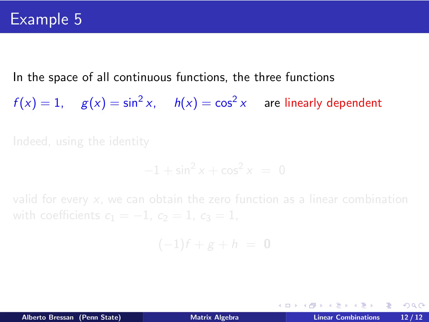Now let's take an example of functions that are linearly dependent. So we have 3 functions. f is 1, g is sine squared, and h is cosine squared. And we want to show they are linearly dependent.